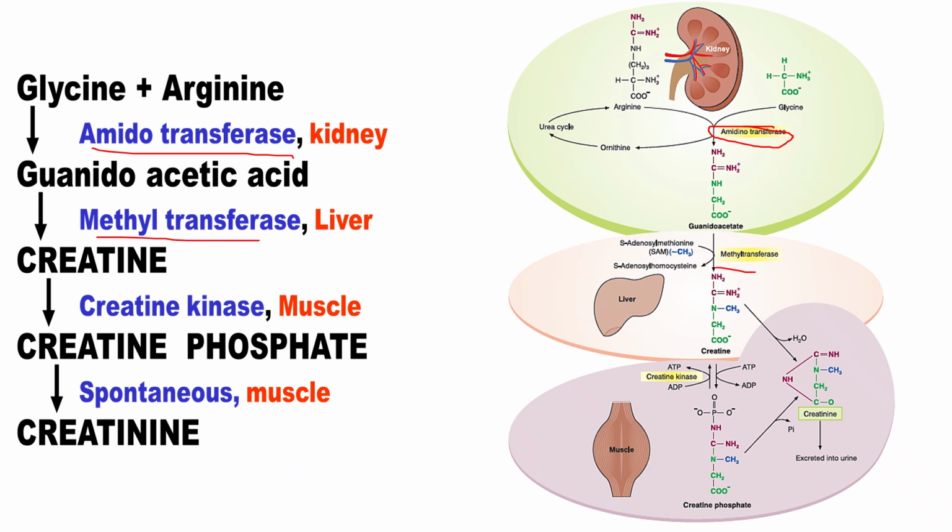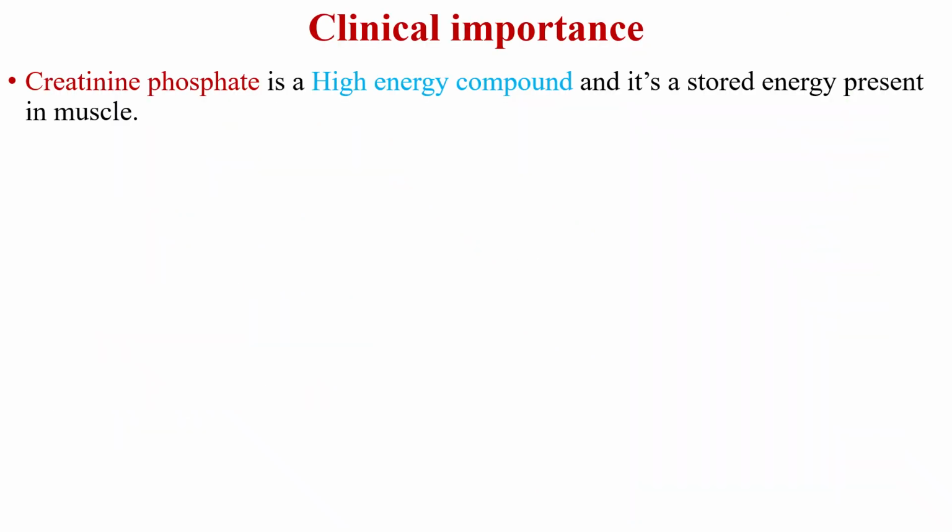So it means that this guanidoacetate has to go to the liver to be converted into creatine, and this creatine has to go to the muscle because creatine kinase is present in the muscle. Again, this creatine phosphate is spontaneously converted into creatinine in the muscle, and this creatinine is excreted into the urine. That is about the formation of creatine and creatinine.